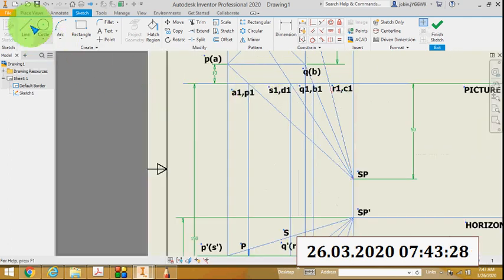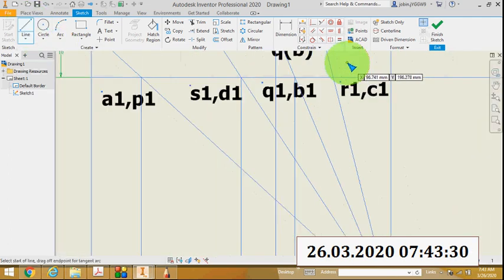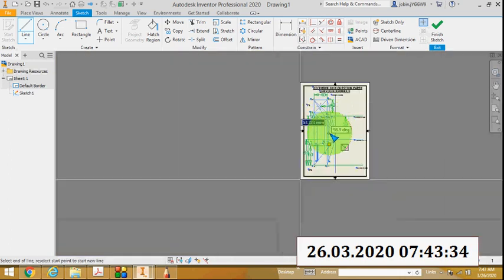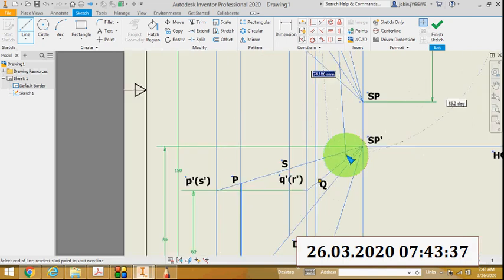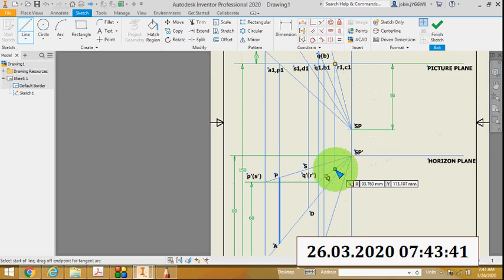Then finally R1C1, so it will touch here. Okay.